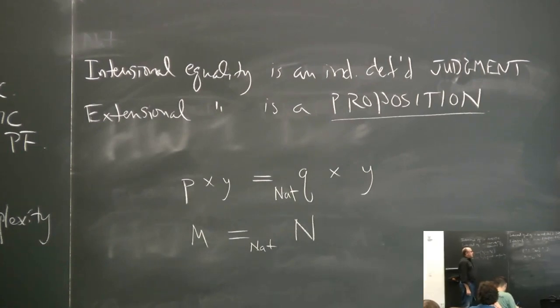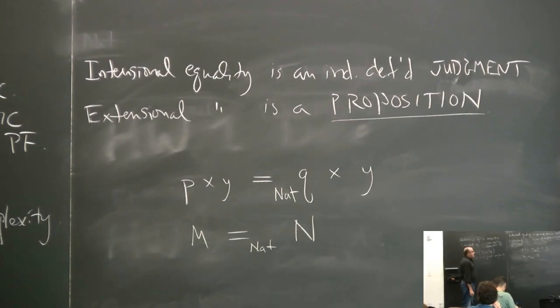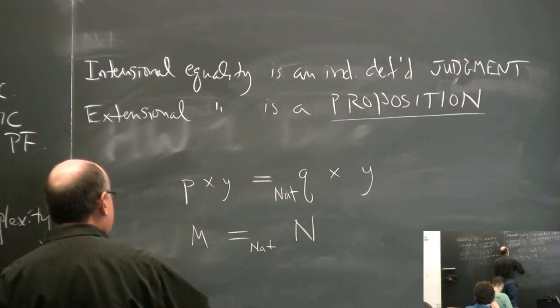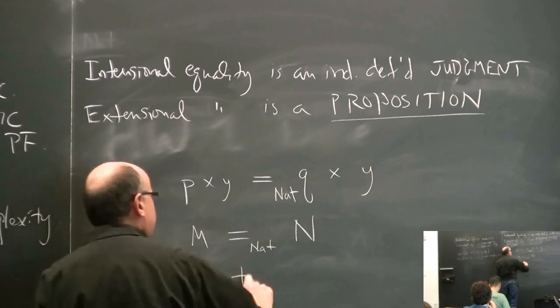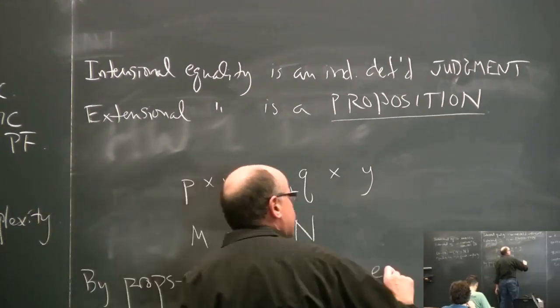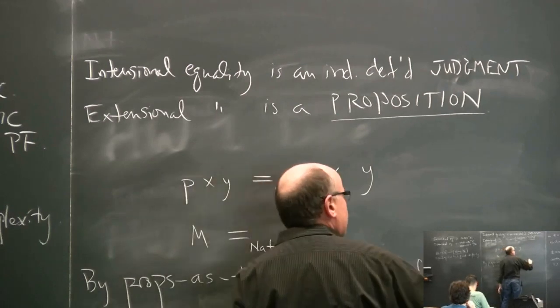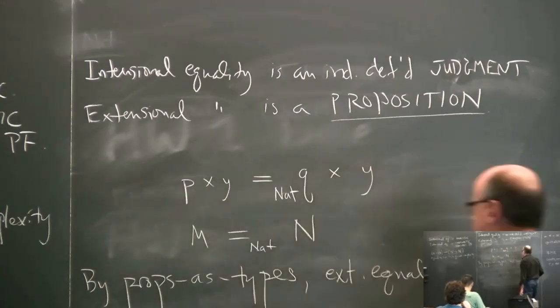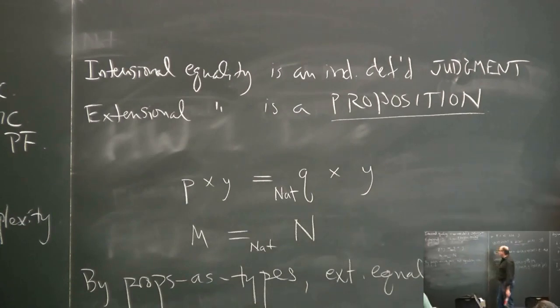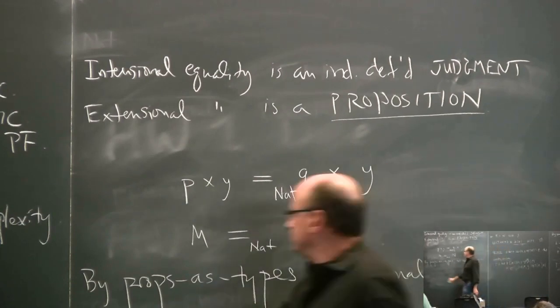So the transition I want to make is this: by the propositions as types principle, which we're taking rather seriously, extensional equality in this sense, equality of reference, is a family of types.